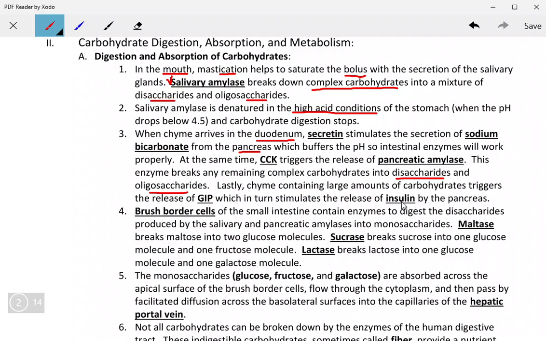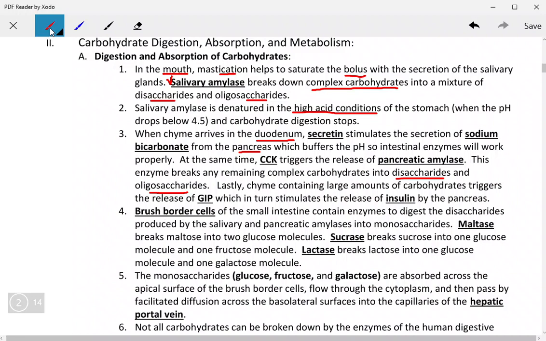Okay, so take note of the hormones that have been released as a result of that acidic chyme entering into the duodenum. Okay, now as we go further down into the small intestine, we're now going to encounter the brush border cells.